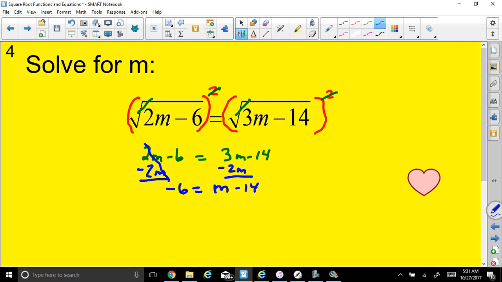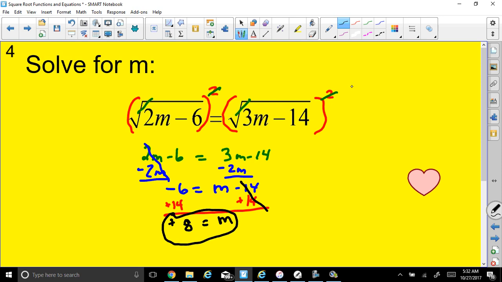So let's bring the 14 to the other side, plus 14, plus 14, and we'll finish up by canceling out the 14s on this side, leaving us with the m. We cannot add these two, we have to subtract. 14 minus 6 is 8, and I'll choose the positive sign because 14 is bigger than 6. So my answer is going to be m is equal to positive 8.